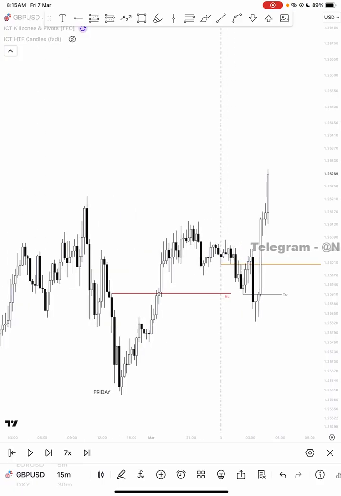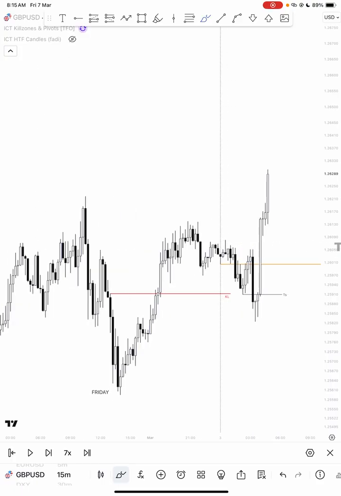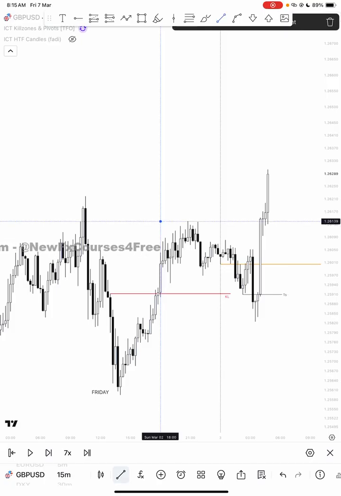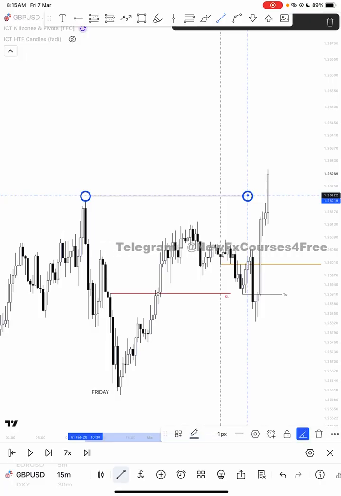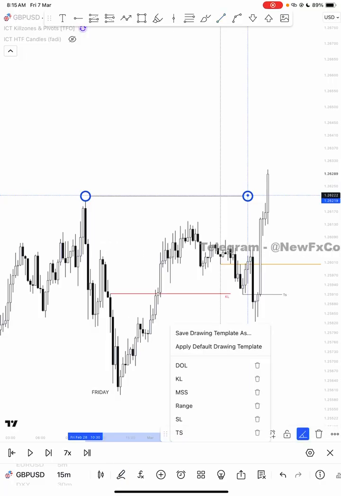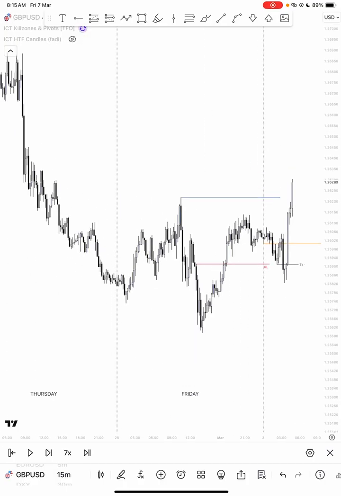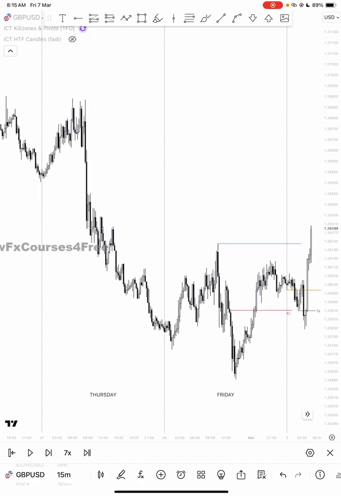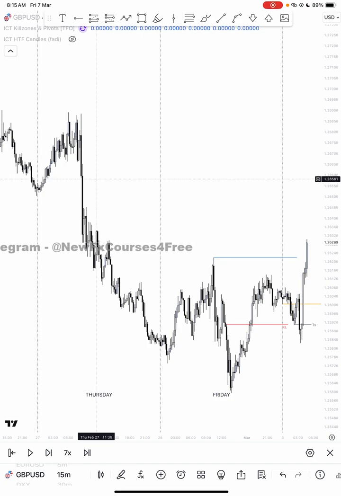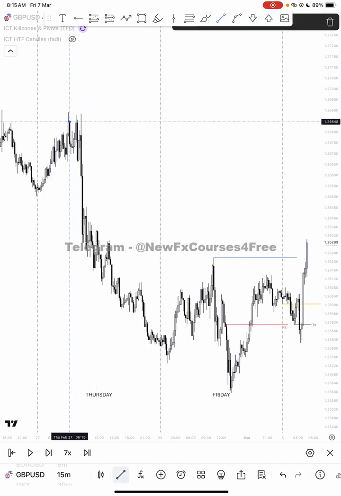And if you look to your left, you got your low resistance liquidity run, and you also got your previous day high, which can also be used as your draw on liquidity, and you can still target higher prices. This would be Thursday's high, previous day high.